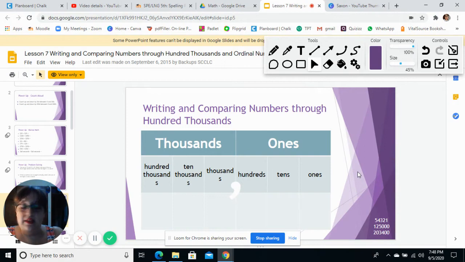All right, let's go ahead and keep moving. If you need to pause, you can feel free to do that. Remember that the value of a digit depends on its position in a number. The chart lists the values of the first 6 whole number places.